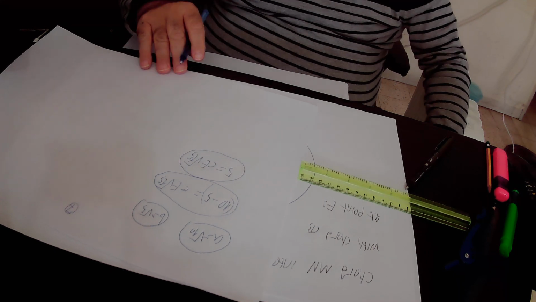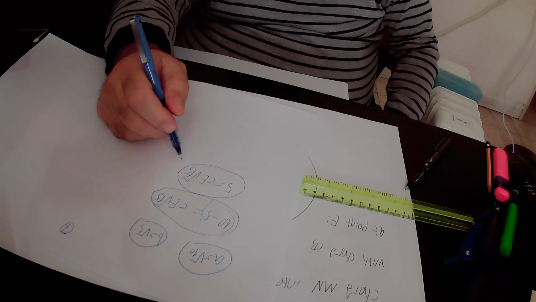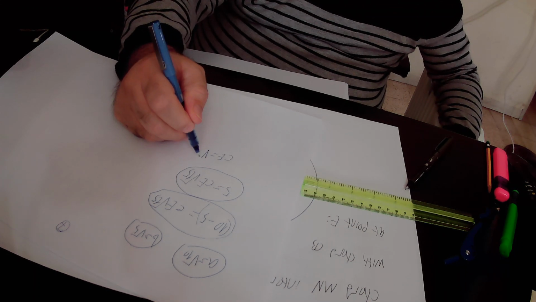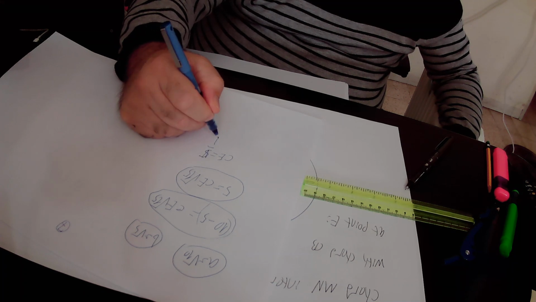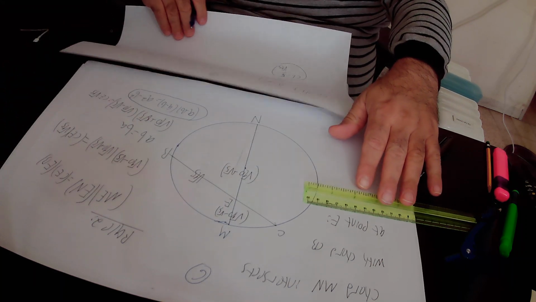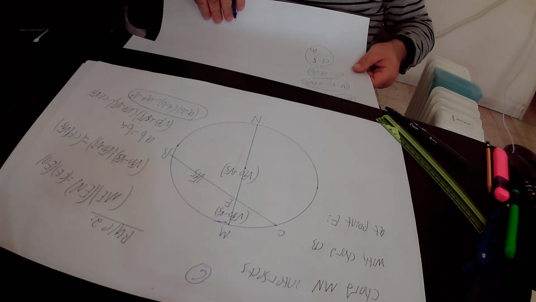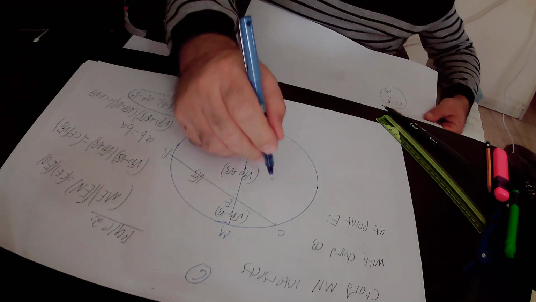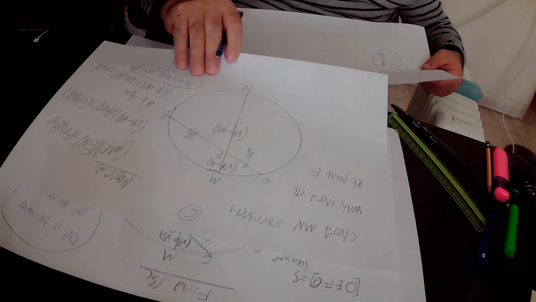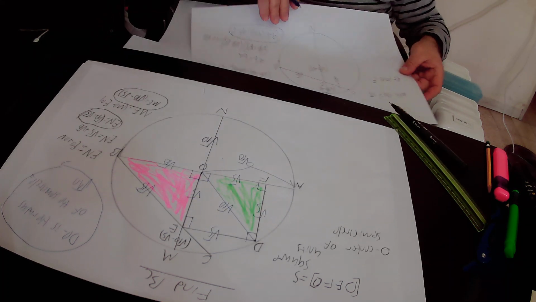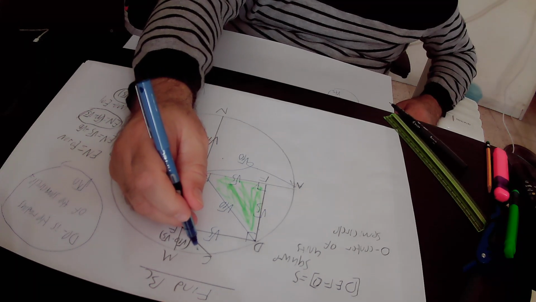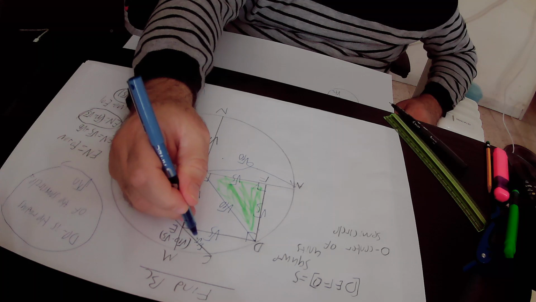Here we will divide this equation by the square root of 15, and we get that CE, the missing line segment, equals 5 over the square root of 15. So we actually found out that the missing line segment CE equals 5 over the square root of 15. So write down here that CE equals 5 over the square root of 15.